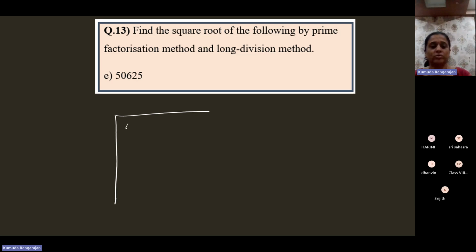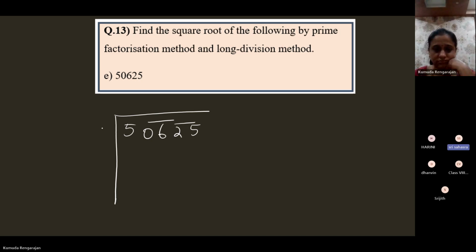Yeah, read out from your book, Sahasra. 50625, 2 and 2 on the top, then 4, then 106, then 32.